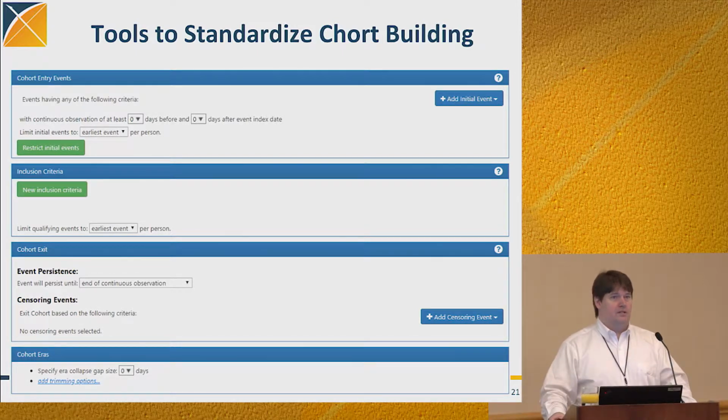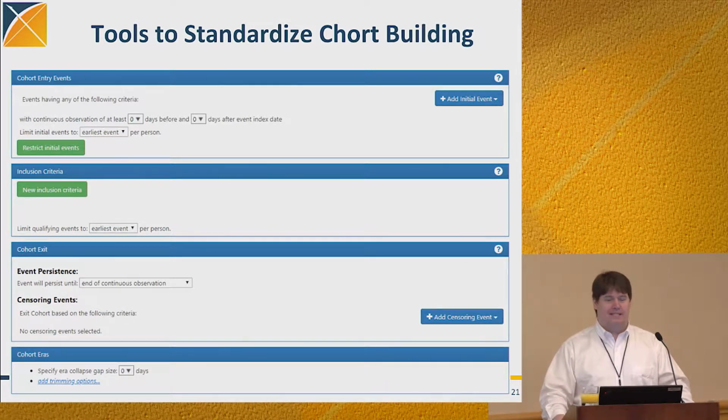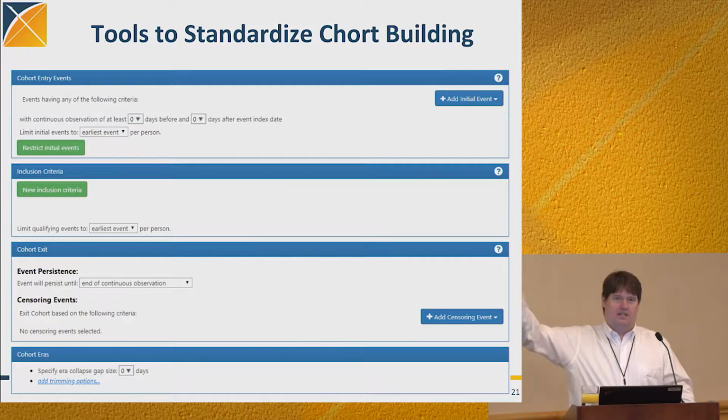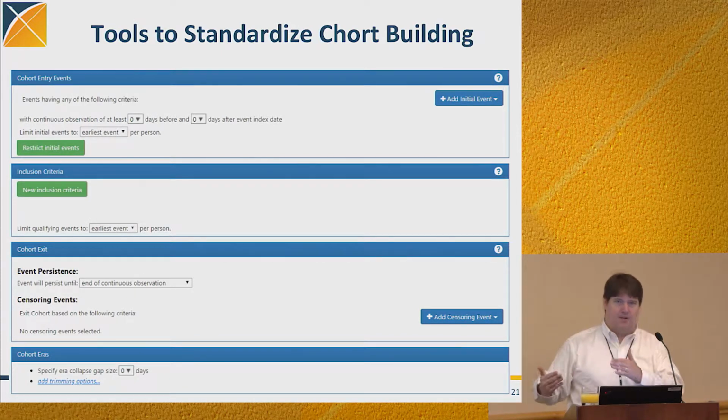So what we want to do is develop a tool to standardize cohort definition, meaning when you look at a cohort definition, you can see the philosophy and the ideas that went behind constructing the population, getting them, defining their time periods, and when they're in the cohort, what will cause them to leave the cohort.